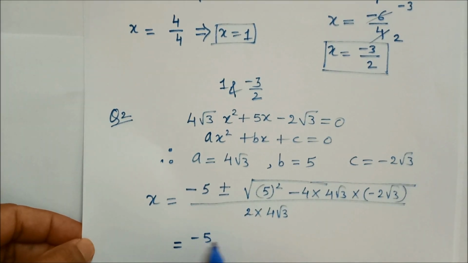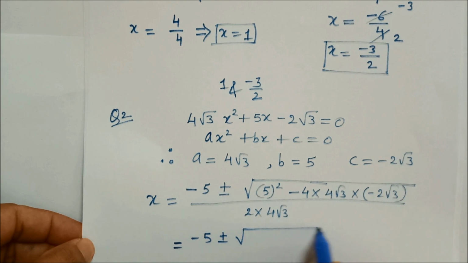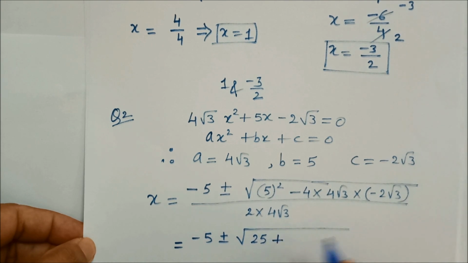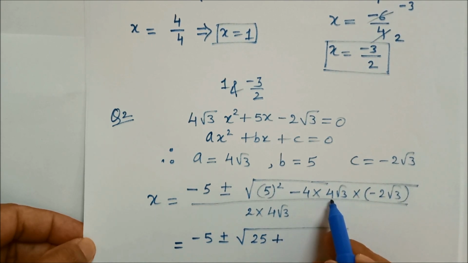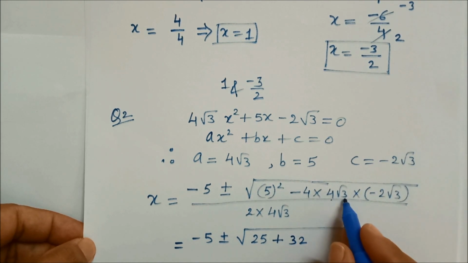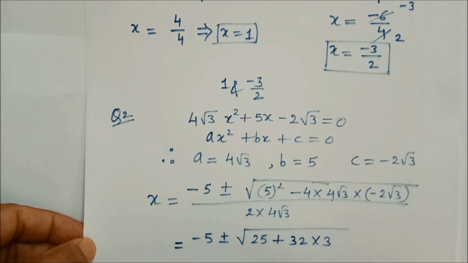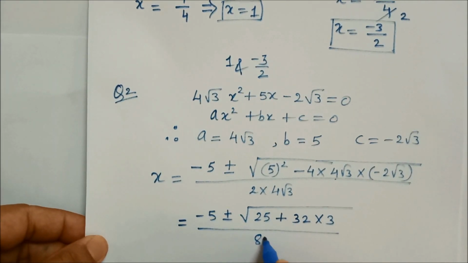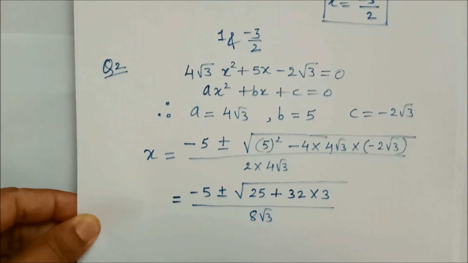Minus 5 as it is, plus minus under root square of 5 is 25, minus into minus becomes plus, 4 4s are 16, 16 into 2 is 32, root 3 into root 3 is 3, upon 2a, 2 4s are 8 root 3.